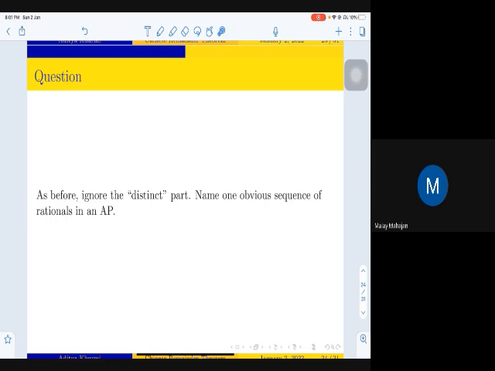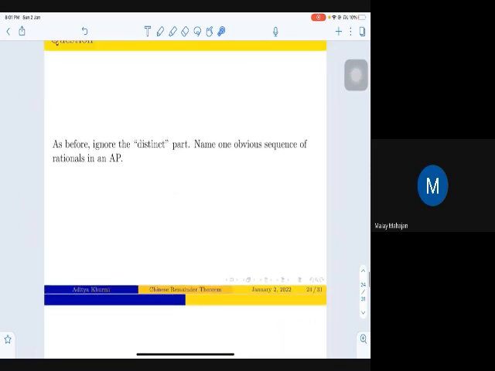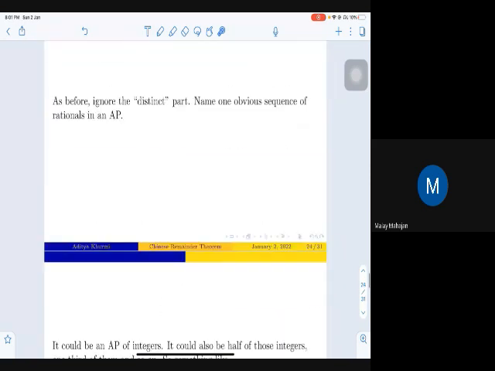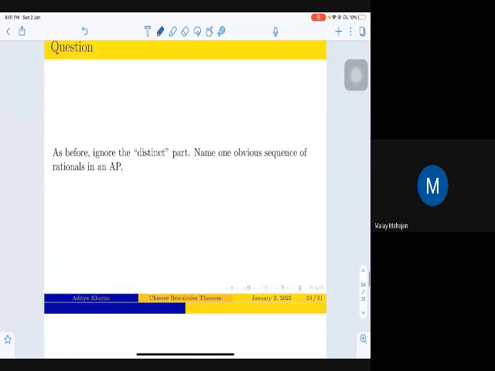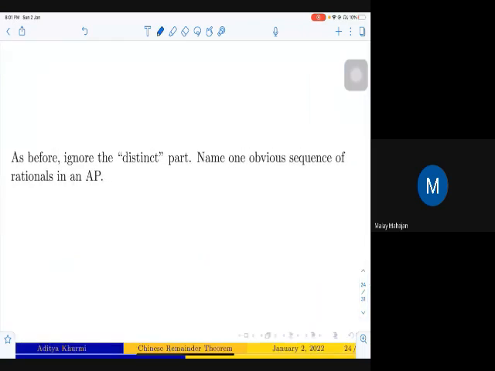Yeah. So you could choose any arithmetic sequence of integers, and so one obvious sequence is just an arithmetic sequence of integers: a, a plus d, till a plus (n minus 1)d. If you want rational numbers, one AP would be a by 2, a plus d by 2, and so on.